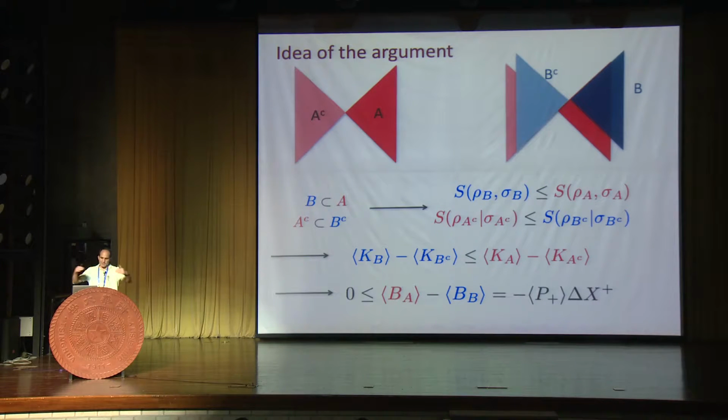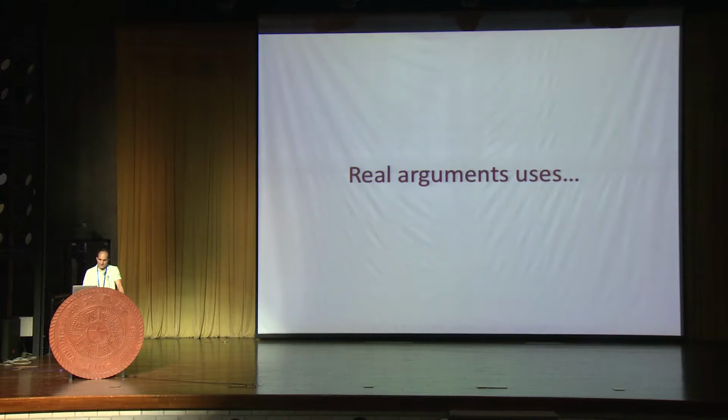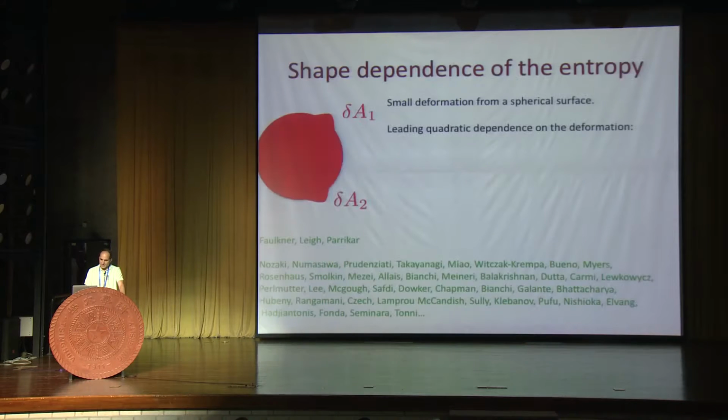One is a half wedge, and the other is a half wedge with some small displacements along the null direction, which are localized. And thanks to some previous results, you can prove this relationship. So that's what that paper I quoted does. Now, those previous results were related to a study of the shape dependence of the entropy.